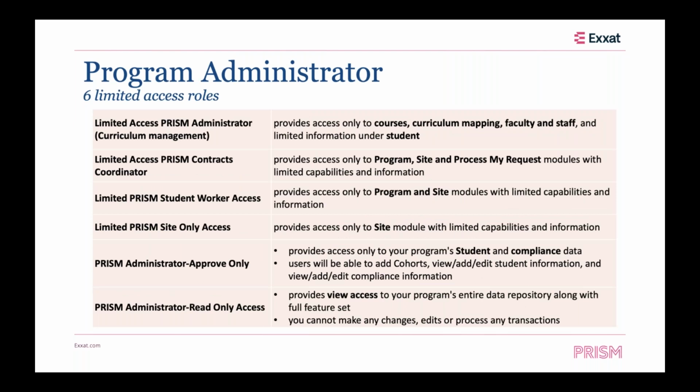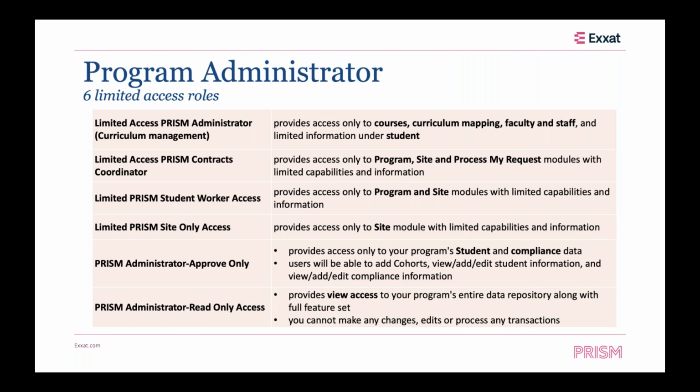Let's talk about some limited access roles. First 3 of them are based on different personas which we have understood over a period of time working with our customers. First role is an admin role where you are focused on managing curriculums. This role provides access to courses, curriculum mapping, faculty and staff functionalities outside of the 11 which Vishakha had shown earlier.